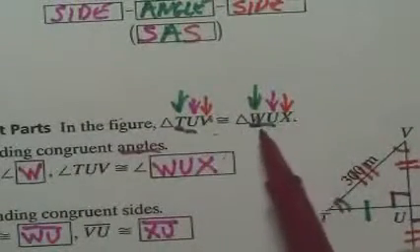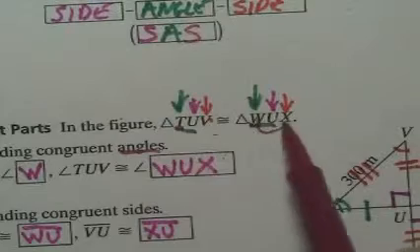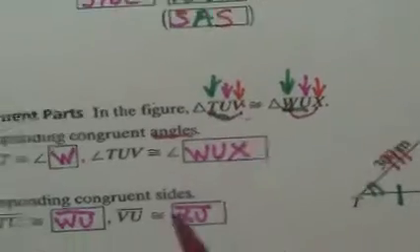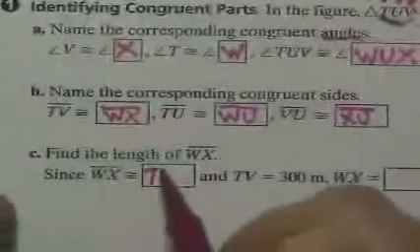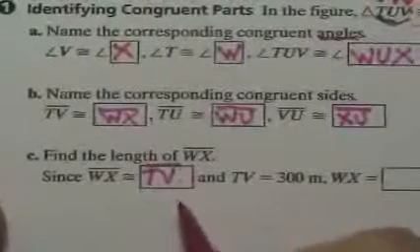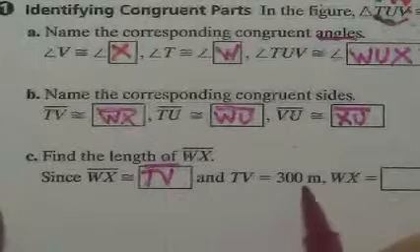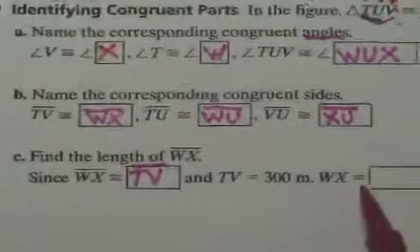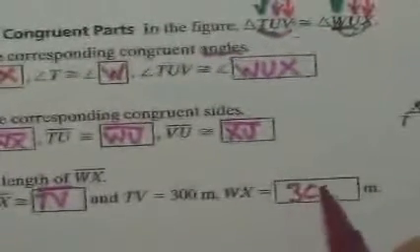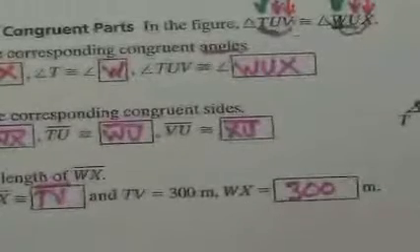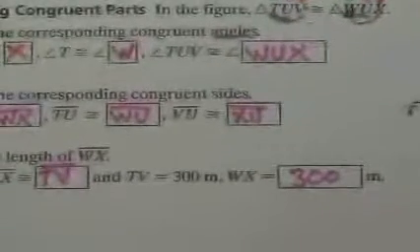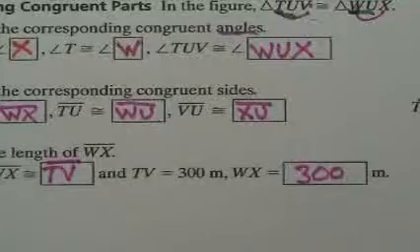So if I look over here, I see that WX, these two together, is congruent to TV. And since those are congruent and TV is 300 meters, then WX equals the same, 300 meters. It has to. They're both congruent. They're both the same size and shape.